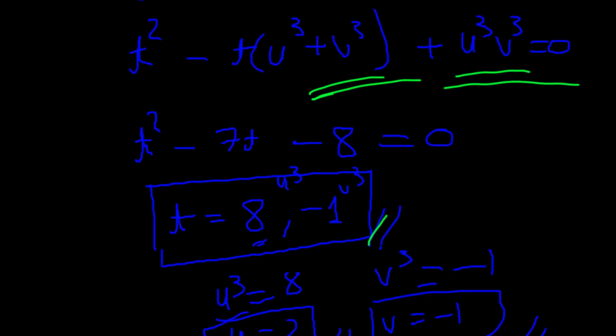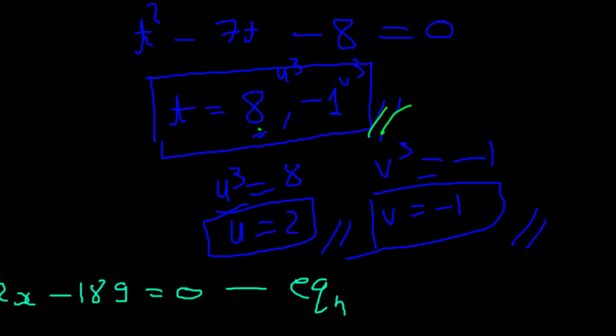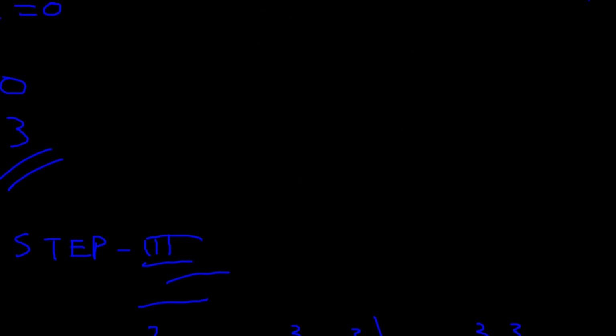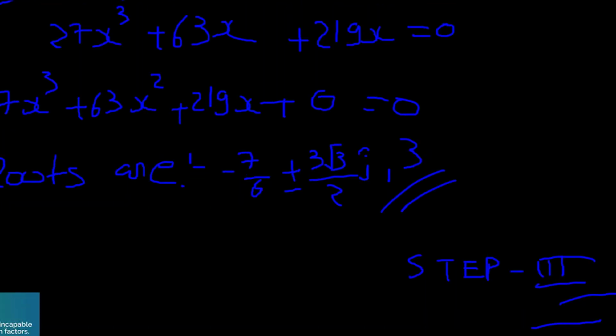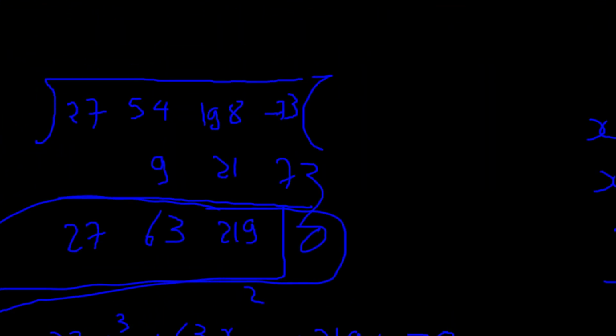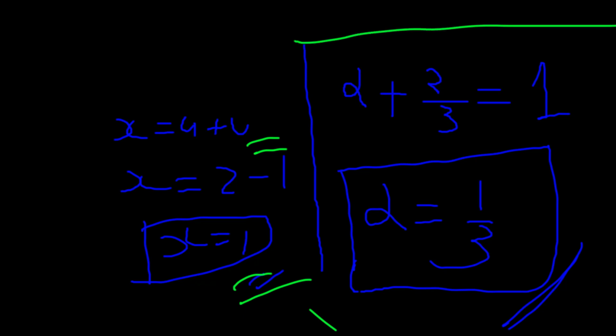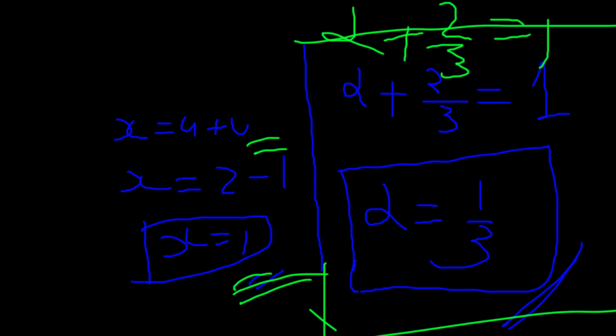When you put this, you'll get the value of t. Remember, this will be u cube, this will be v cube. After that, x equals u plus v, which we had earlier. That is our fourth step, you can say. This is the only thing you have to remember: alpha plus the value which we have divided equals the value of x.